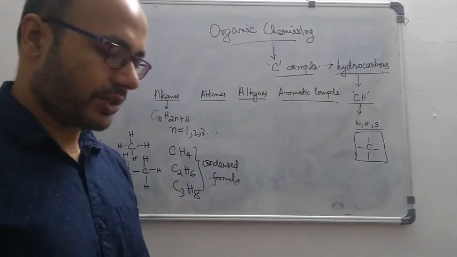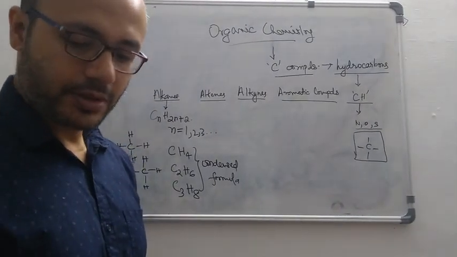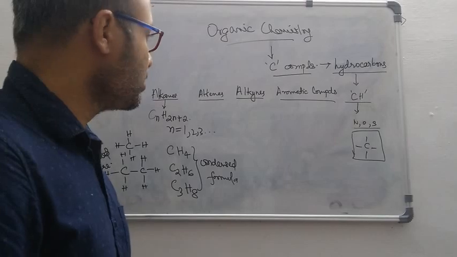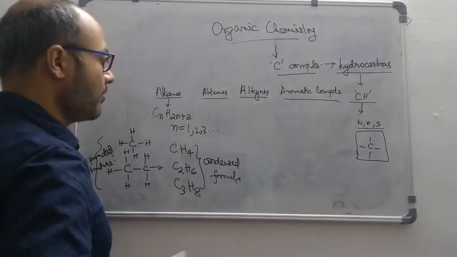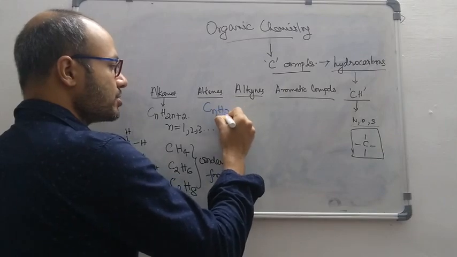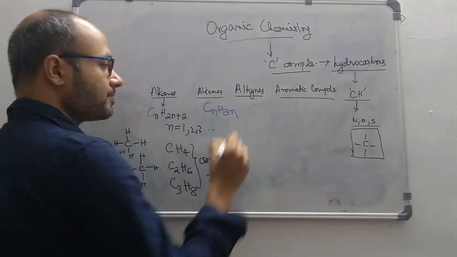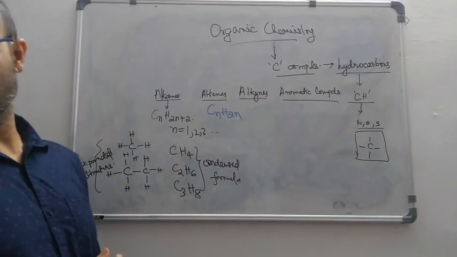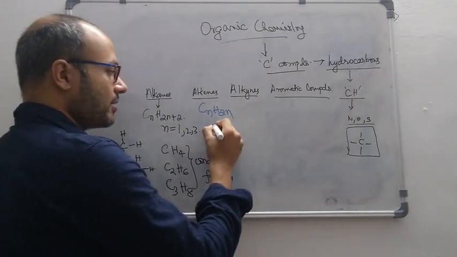Okay, let's move on further to alkenes. Alkenes have a general formula of CnH2n. Now what does this mean?